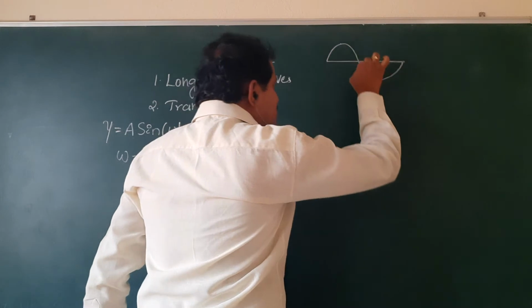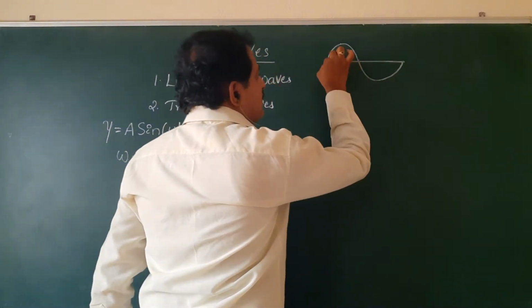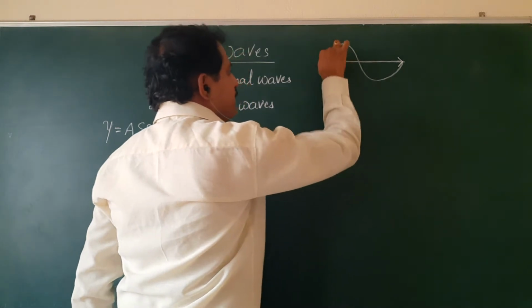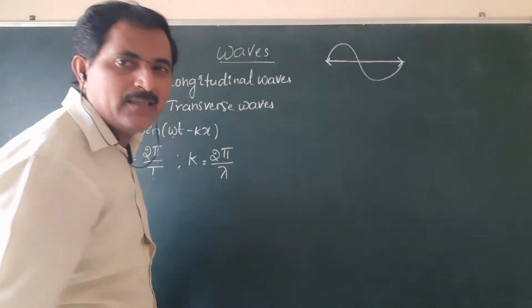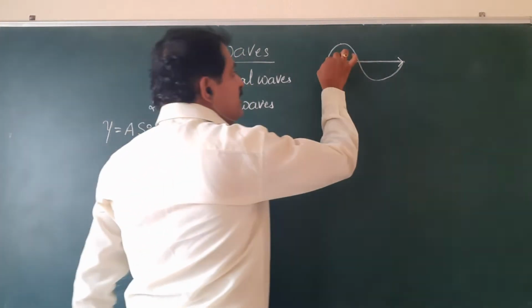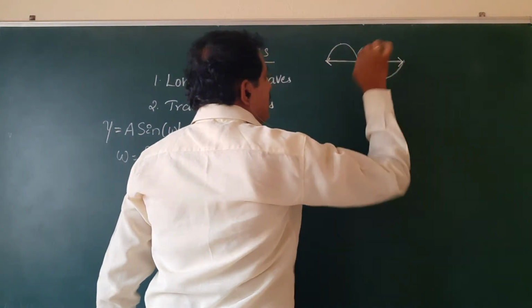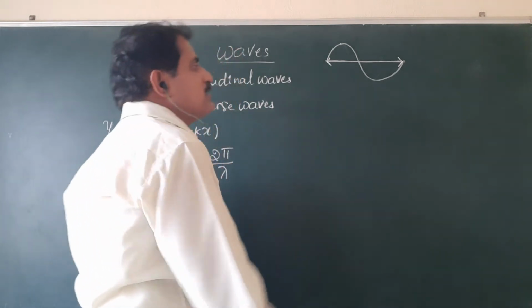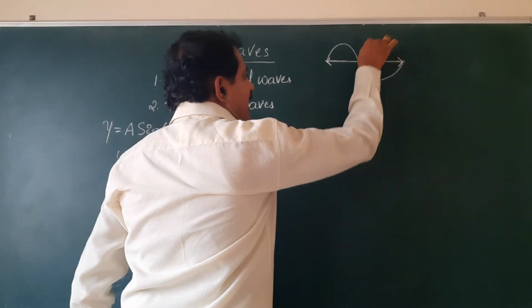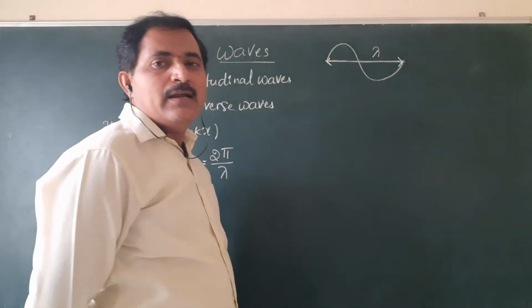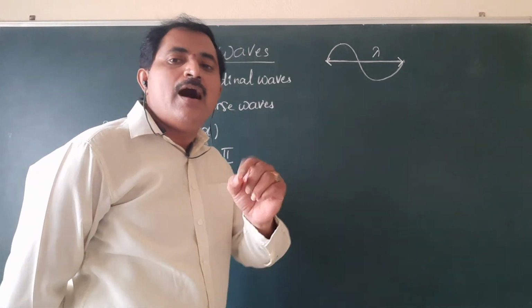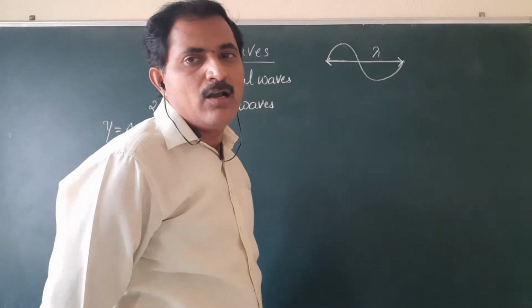In the completion of one oscillation, the wave travels a certain distance. This distance traveled by the wave in one oscillation is called wavelength. Remember, distance traveled by the wave in one oscillation is called wavelength.